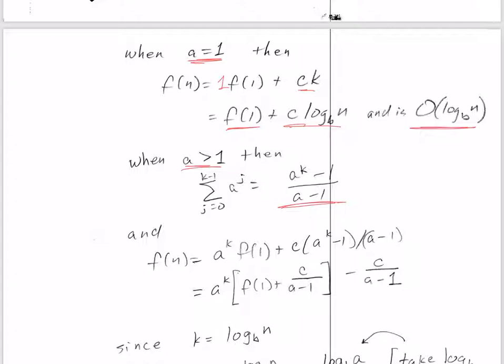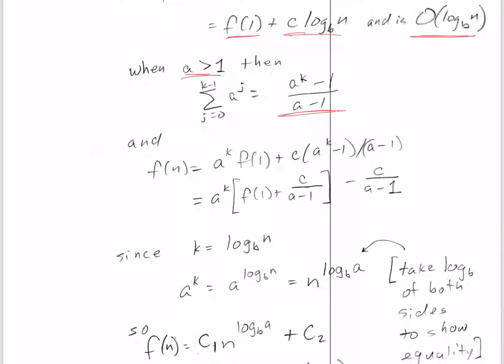I substitute that back in to get my number of operations for problem size n: a to the k times my initial condition plus c times that expression for the truncated sum. And I have an a to the k in there and an a to the k here. I'll combine all the terms for a to the k to get this multiple of a to the k, and then I've got this constant term.